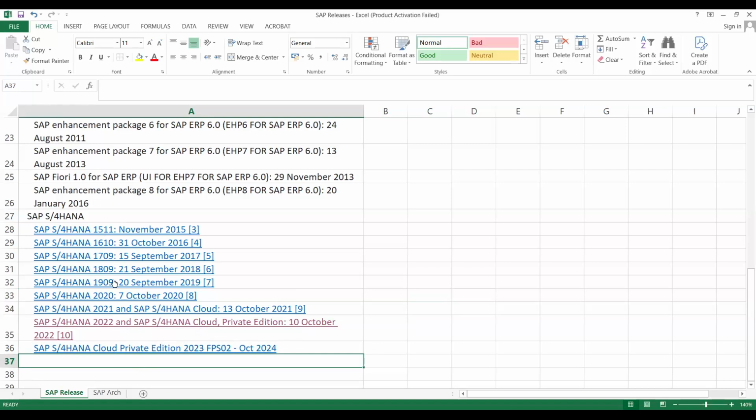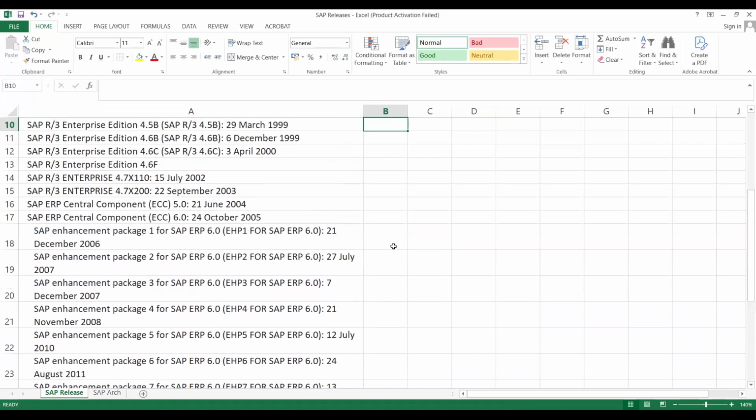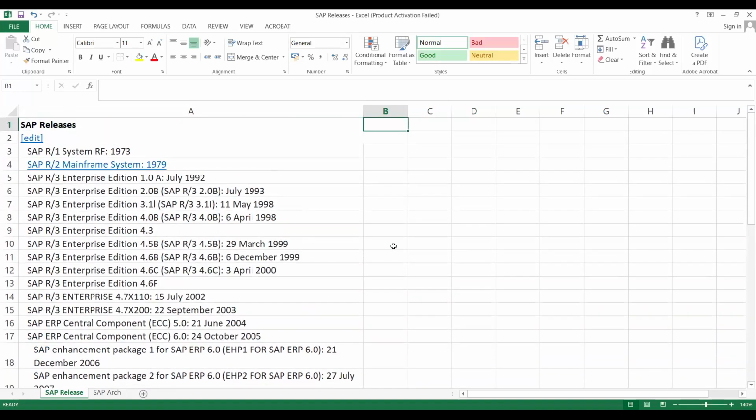So these are the releases which took place in HANA, and before that it was R1, R2, R3. Okay. These releases give you a little bit of an idea of how, over the last 52 years that we are discussing, SAP has gone through different phases of development.